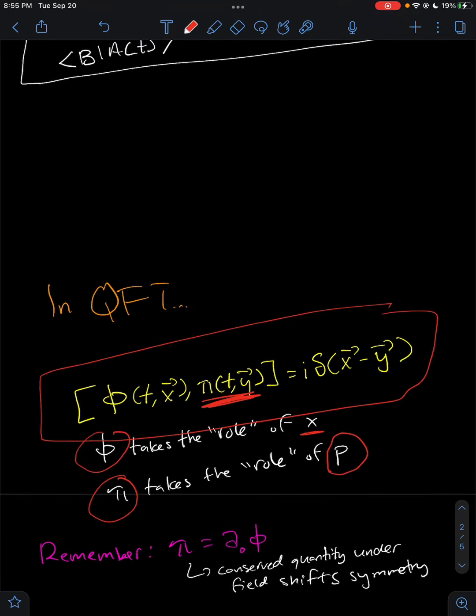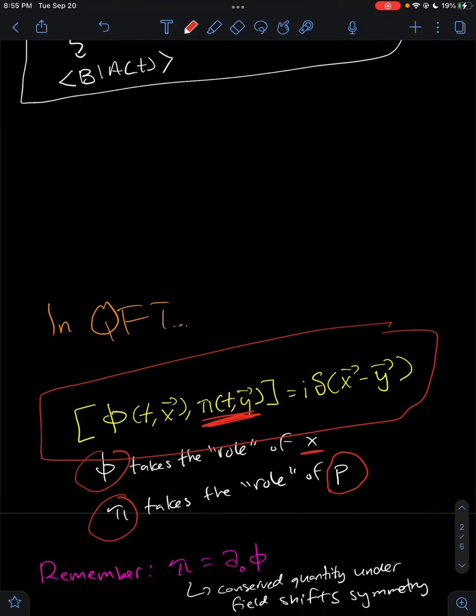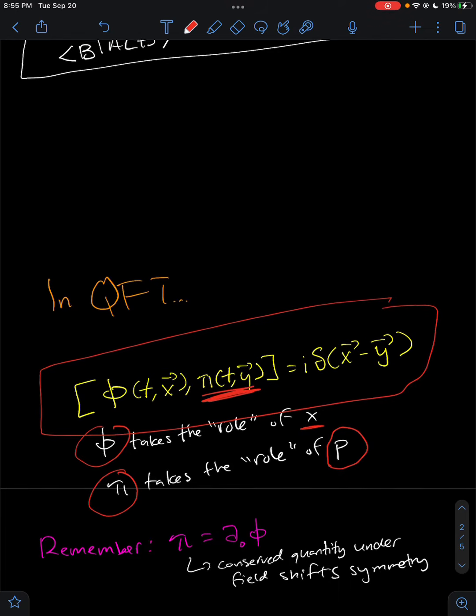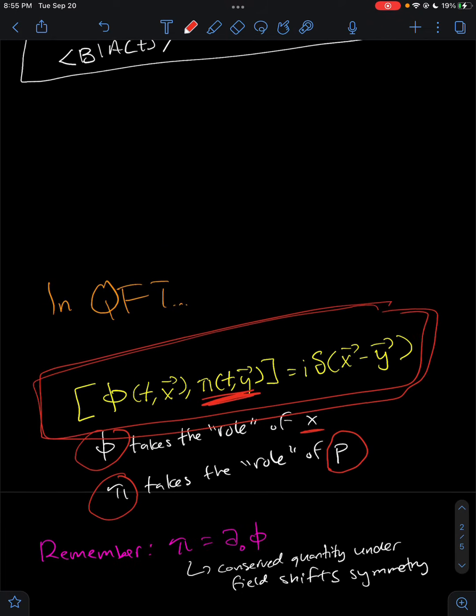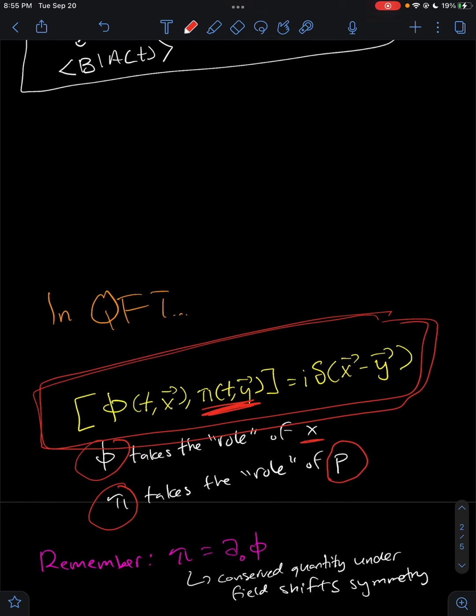Technically speaking, when we use this commutator, we are actually defining our theory. We can't really derive this commutator in quantum field theory, because if you stick to classical fields, which we have been sticking with in the past, this doesn't make any sense. In the same way, in classical mechanics, the commutator of x and p is just going to be 0.